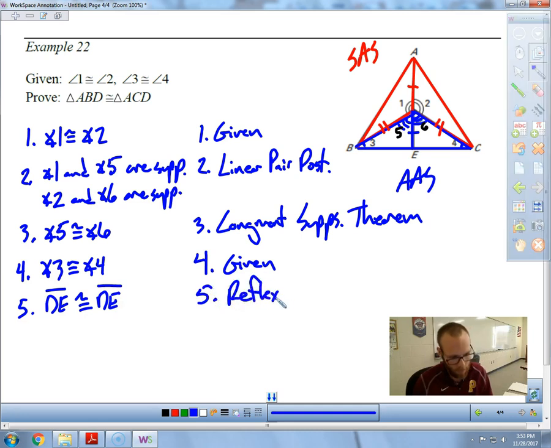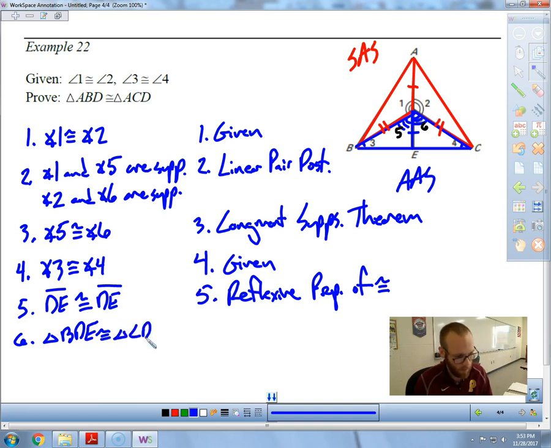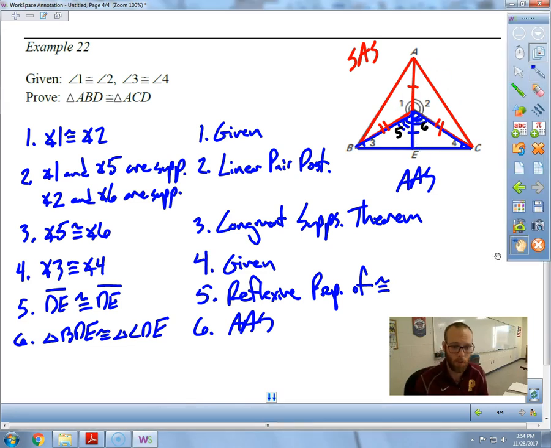That's the reflexive property of congruency, which means triangle BDE is congruent to triangle CDE, and we said that's by angle, angle, side. Now what was the point again in proving the blue triangles are congruent? To help us with the red triangles.